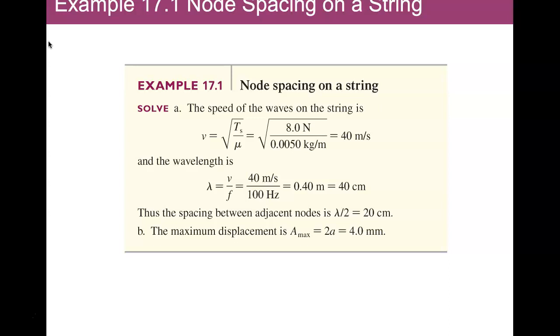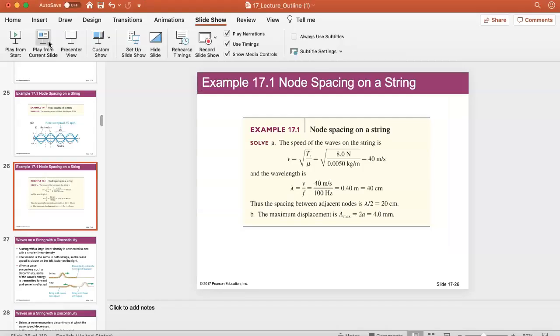We find lambda, just the speed divided by the frequency, and the spacing is half of it, which is 2 centimeters. And the maximum displacement is just twice the amplitude. So the amplitude was given, it's 2 millimeters. This is twice that. So let's just write that also in the notes.